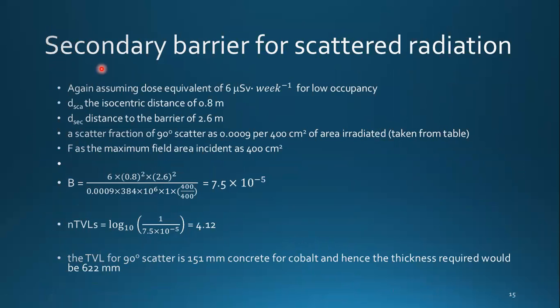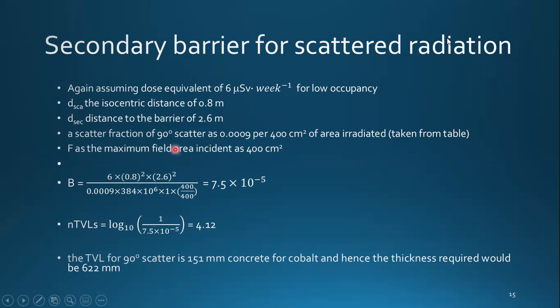Let us now calculate the secondary barrier thickness for scattered radiation. Again, let us assume the dose equivalent of 6 microsievert per week, and the d scatter by patient is 0.8 meter, which is our distance from source to the isocenter, and the d sec is the distance from the isocenter to the secondary barrier, which is 2.6 meter.